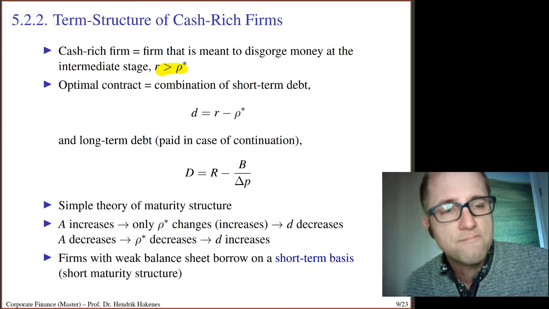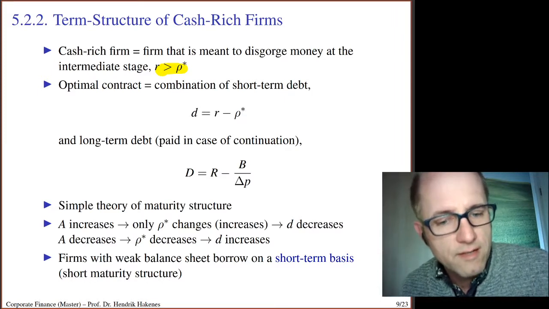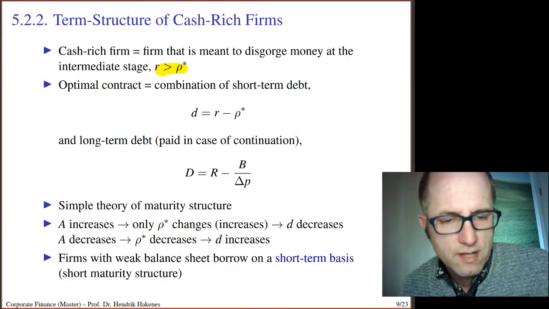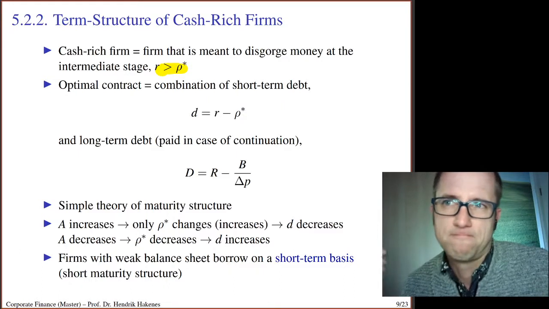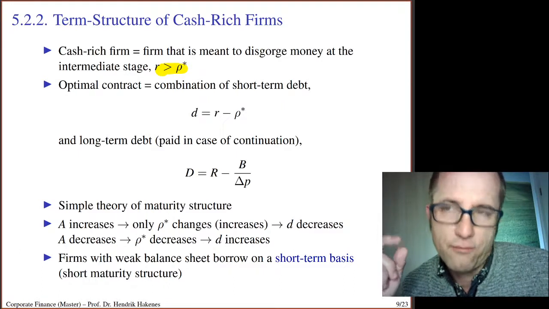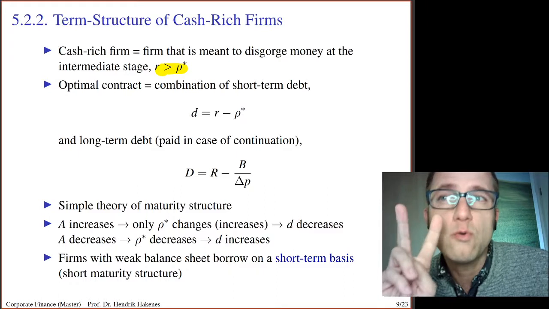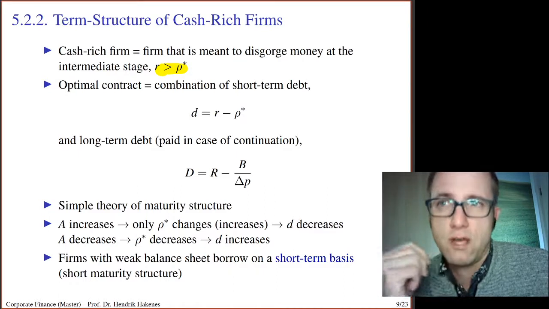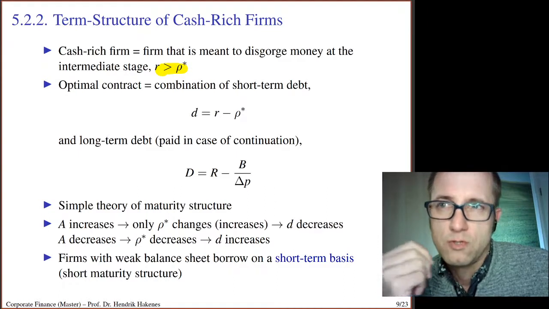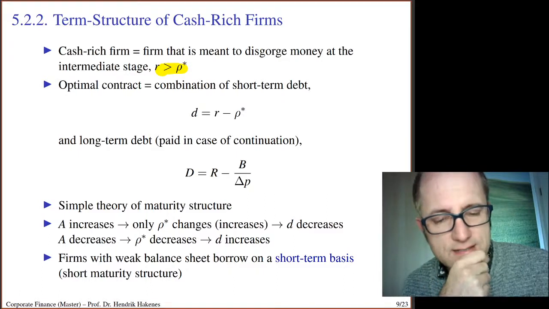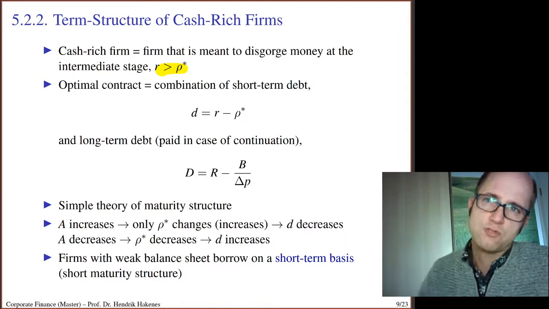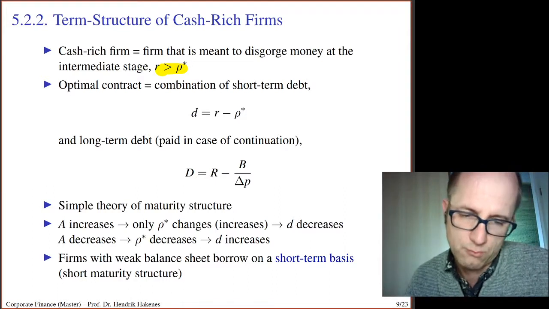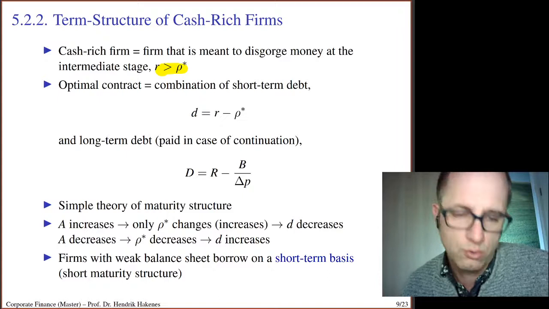So that means that if the rho is larger than 8, then the firm has 10, but 2 it has to repay to the outside investors. So that means it has just 8 left, and these 8 it can use to repair the machine. Okay, so it reaches exactly its rho star.